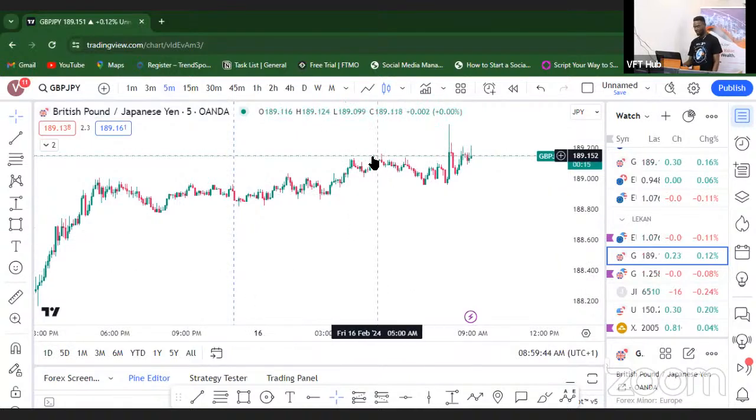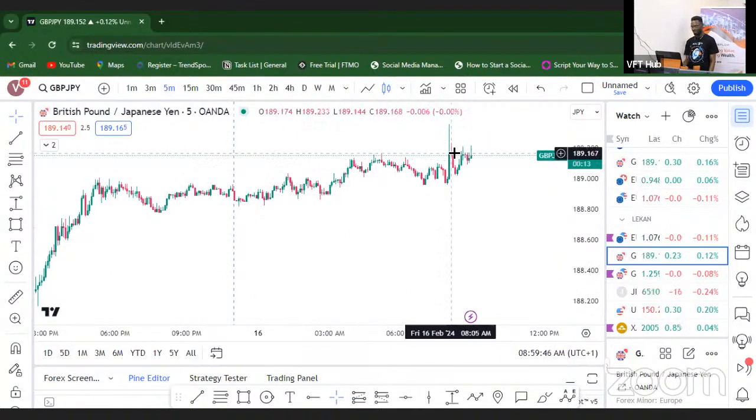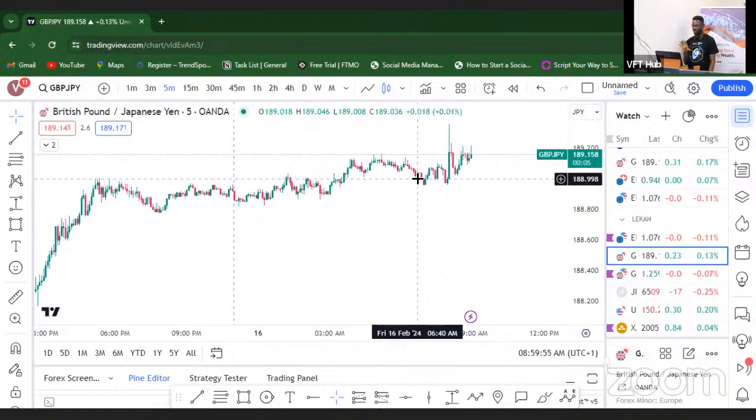Now, if you look at this again on 5 minutes, price is not really giving any clean entry for GJ. So we have to take it well and understand the flow of the market. When we get that well, then we move clearly with it.